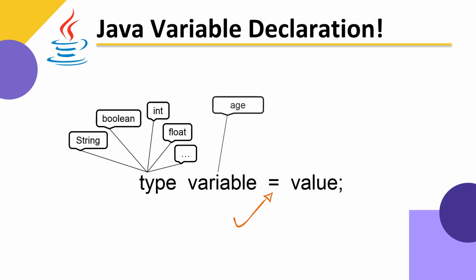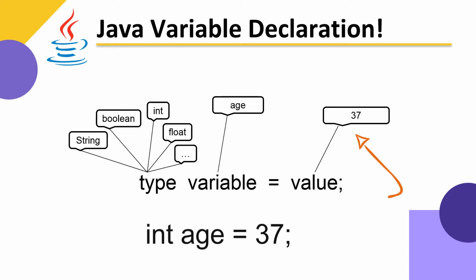And an equal sign to assign values to the variable. This is also called the assignment operator. This is our initial value that we assign to this variable. Initializing a variable happens when we give it an initial value. We always have to initialize the variables before reading them.